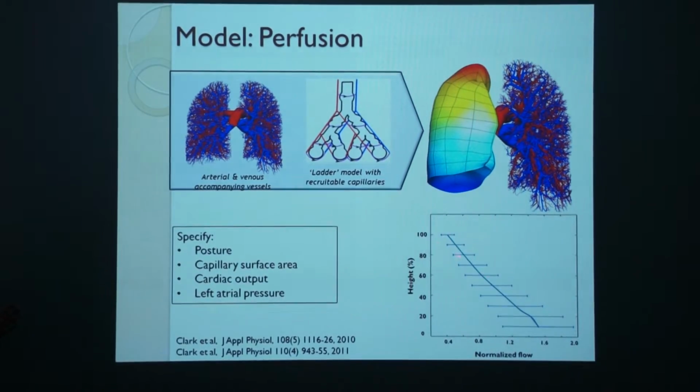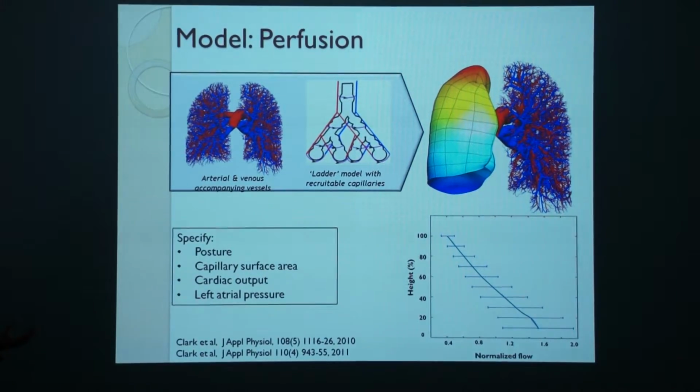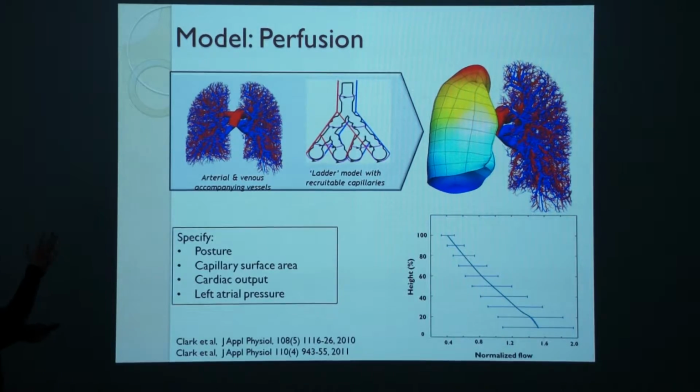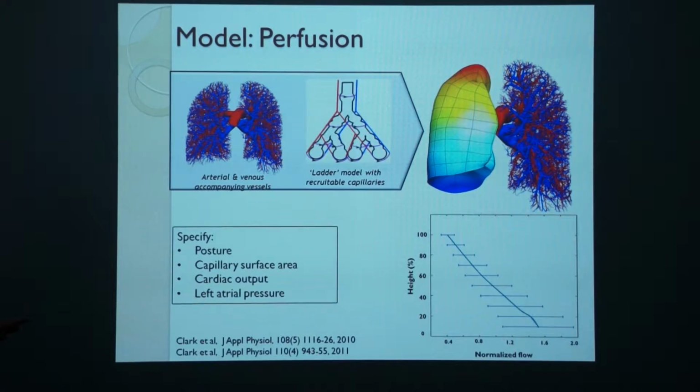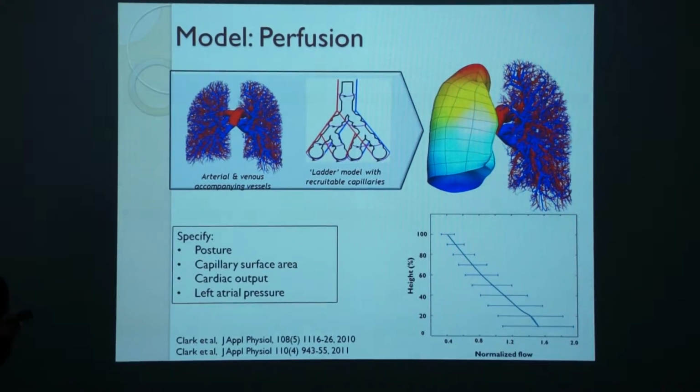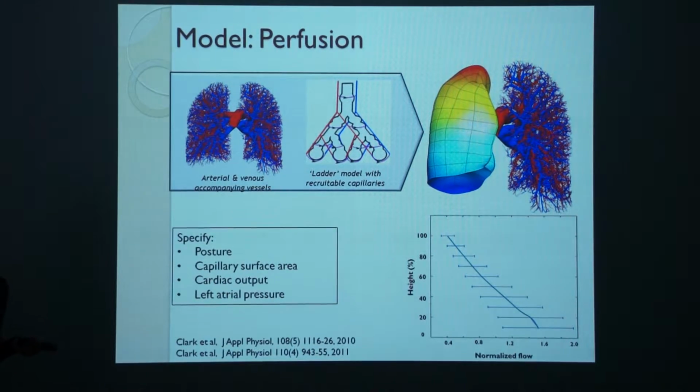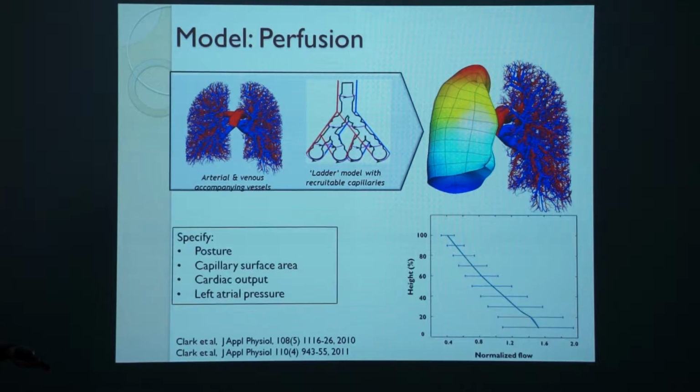You can see there's a gradient, there's a difference in the blood flow that you get across the height of the lung, and not even that, but even across these units. If you consider the cross-sectional units, all of them are different. So there are huge variances even within the regions of the lung itself. And you can imagine how that will be very different between individuals in different stages of disease.